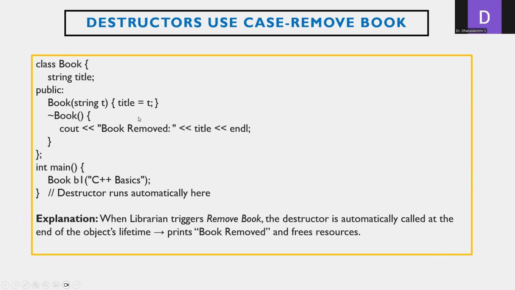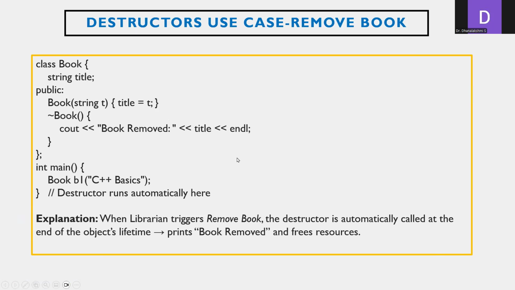It takes one parameter, a string t, which represents the title of the book. Inside the constructor, we are assigning the title to the object's data member using title equal to t. So when a new book object is created, the constructor automatically runs and stores the book's title inside the object.